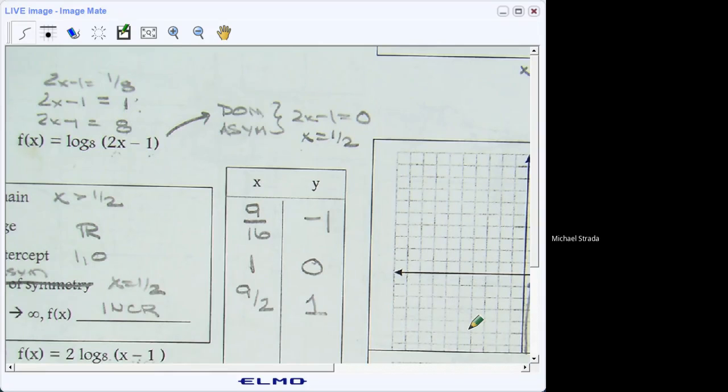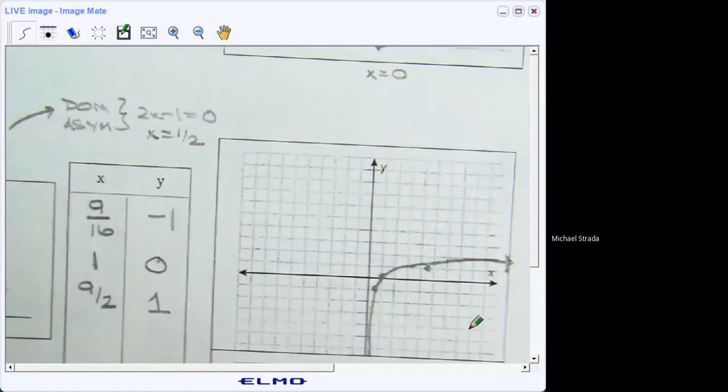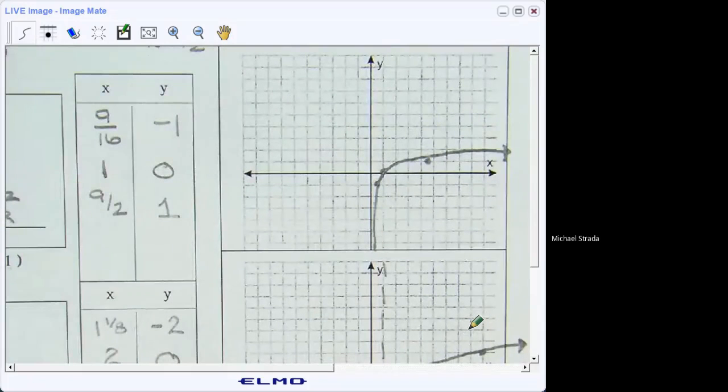If you look at your points, 9/16, 1, 9/2, they're all to the right of the graph that we'll show you in a moment. That's why the domain is greater than 1/2. Range is all real numbers. X-intercept is in the table, so we use that, 1, 0. All right, then we look at the graph. Looks like that. All right. So that tells me it's increasing.